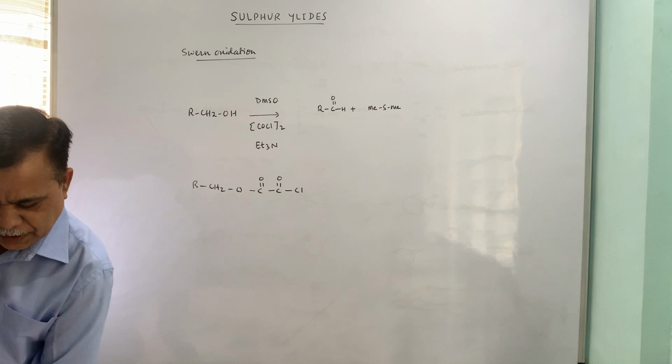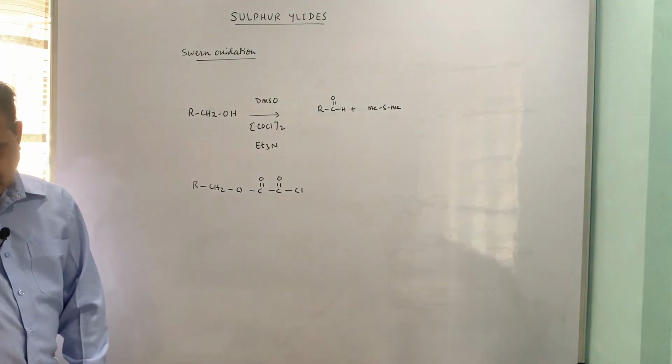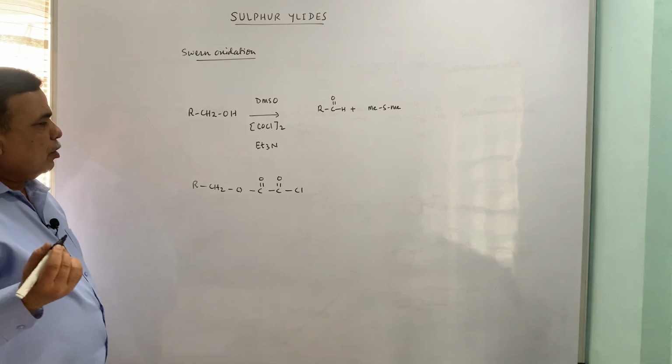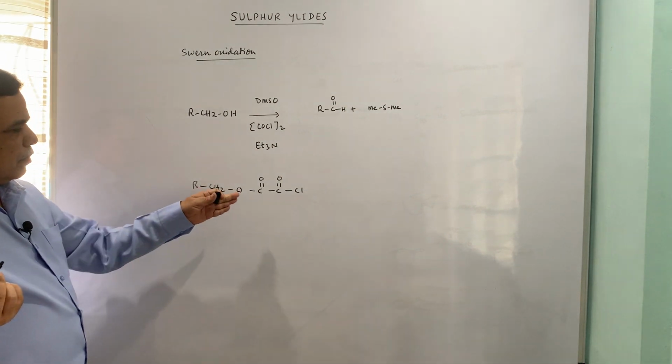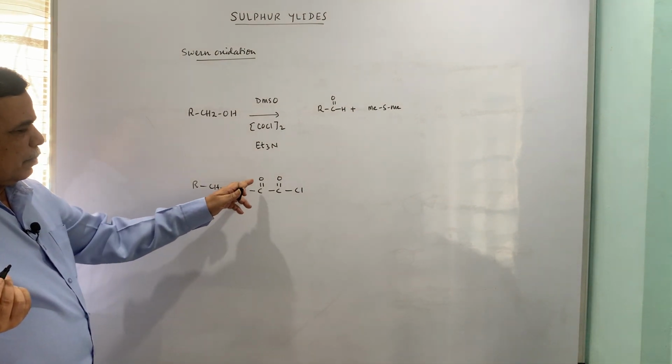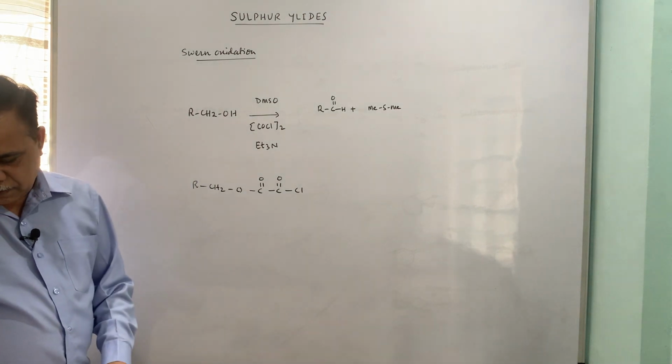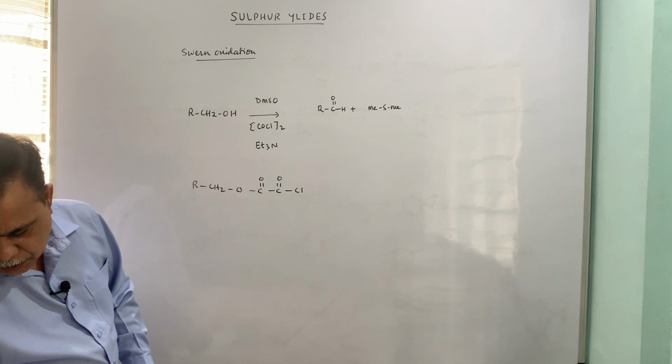Now this intermediate loses carbon dioxide and carbon monoxide.